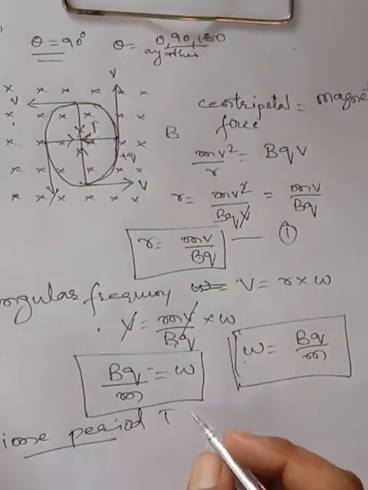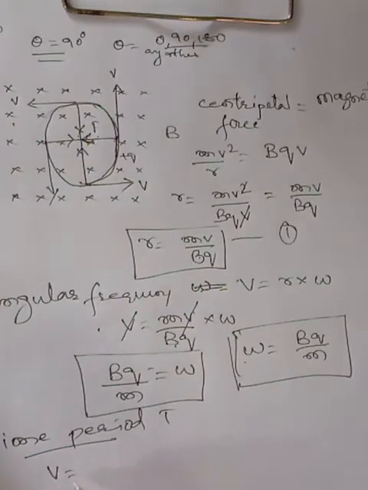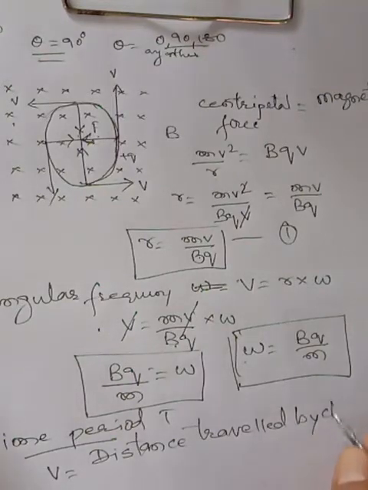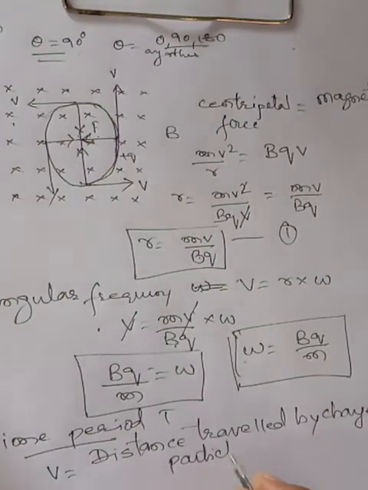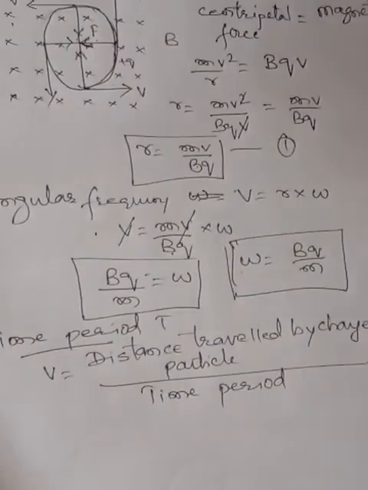Speed of the charged particle is equal to distance traveled by the charged particle divided by time period.